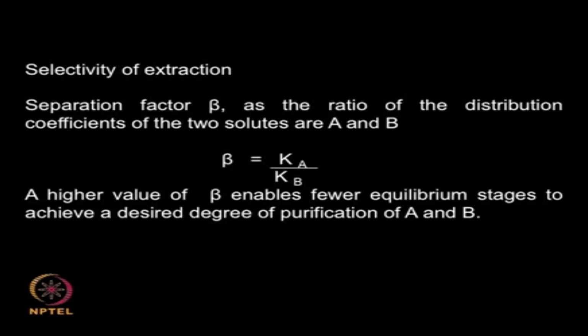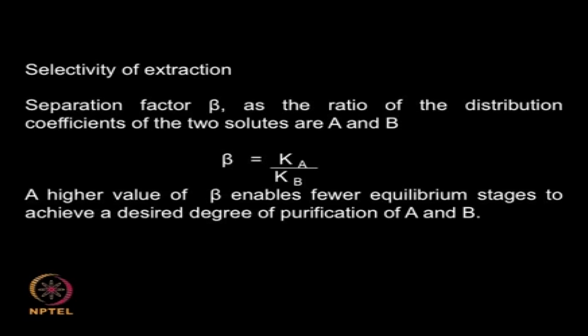If Ka and Kb are almost equal, then my beta will be almost equal to 1. That means when I am using this solvent for extraction, I will be extracting both A and B. Then later on I may have to separate A and B again. If I am interested only in A, then B is a wasteful product which is also getting extracted.